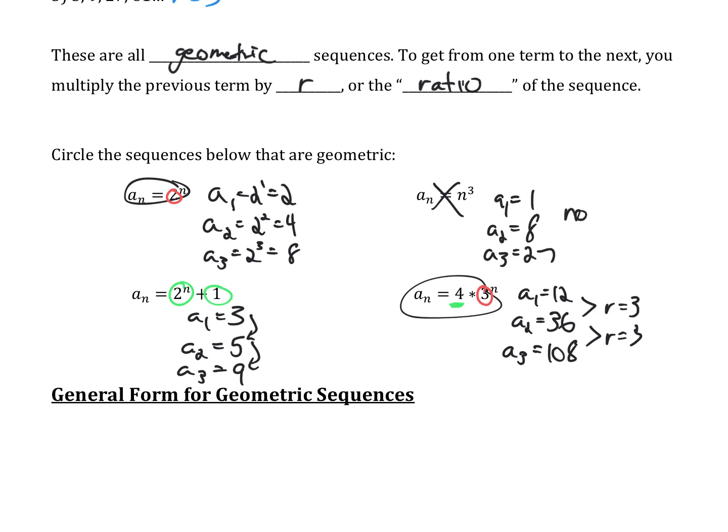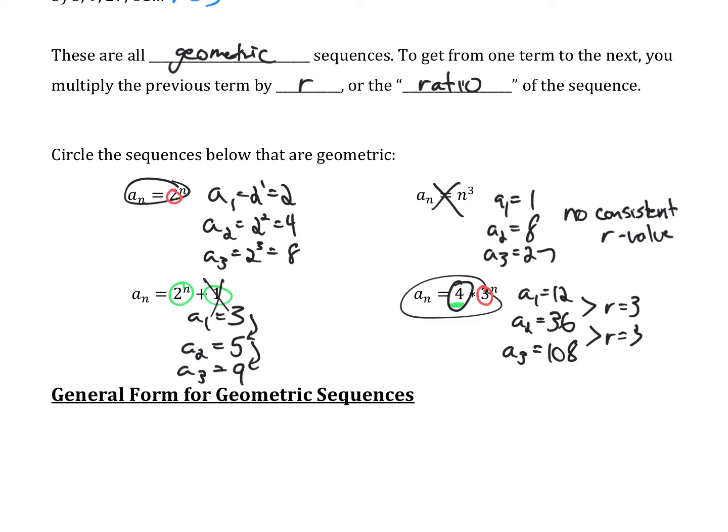There's no consistent r value, so that doesn't work. So what we're really looking for, if we're looking for a geometric sequence, is some term raised to an exponent, and then if we're going to have anything else additional, it's got to be some type of coefficient that we're multiplying. Can't have some type of an addition, so goodbye.